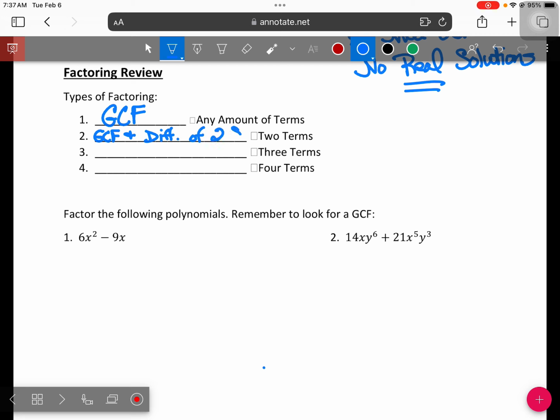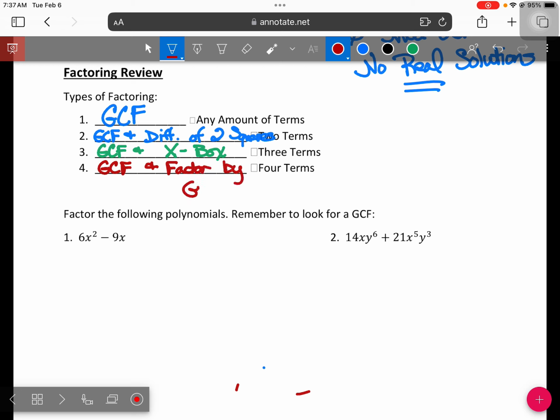Difference of 2 perfect squares. All right, so number 3, if you have 3 terms, you always look for the greatest common factor first, and then we do what kind of factoring? X box, yes. And the last one, if we have 4 terms, we always look for the greatest common factor first, and then we do factor by grouping, yes.